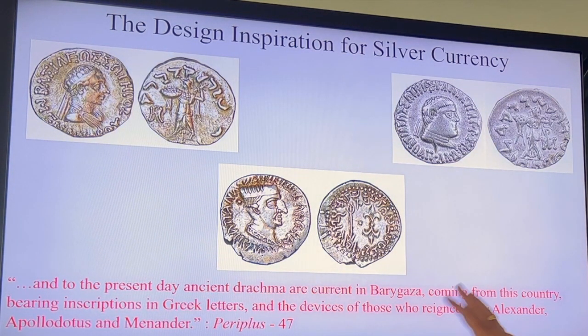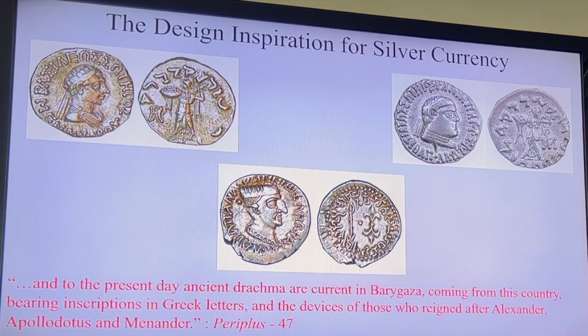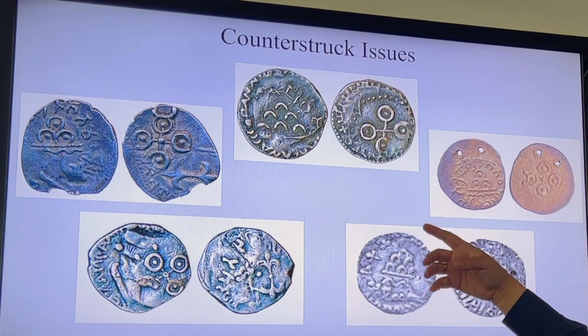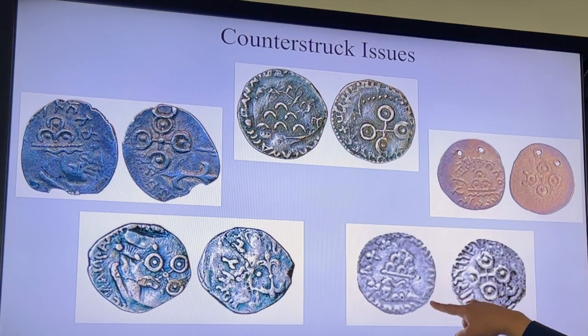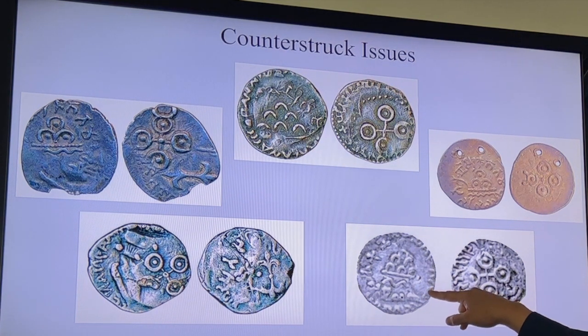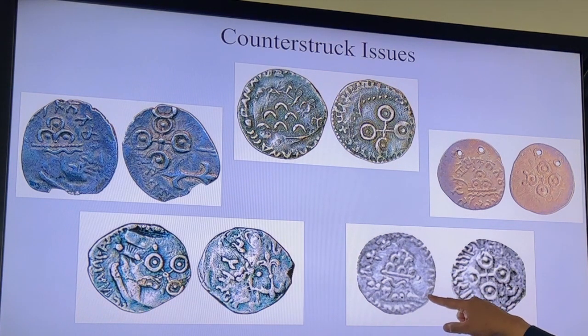And when this coin, as I said earlier, started filtering through the political interface into the Satavahana territory, what happened is that they were counterstruck by Gautamiputra Satakarni, but also by Gautamiputra Satakarni's predecessor, who was called Gautamiputra Siva Satakarni. So Siva Satakarni was also counterstriking Nahapana coins.